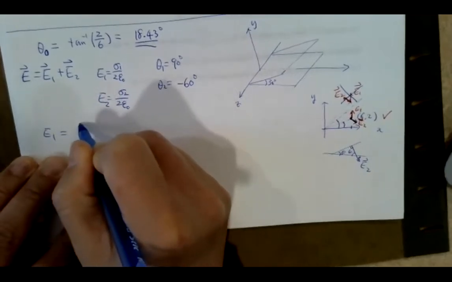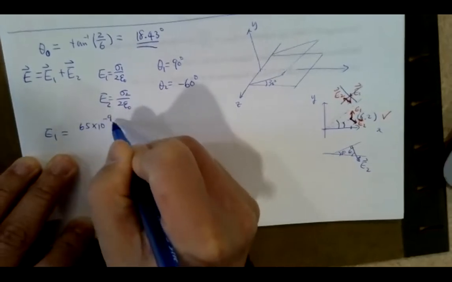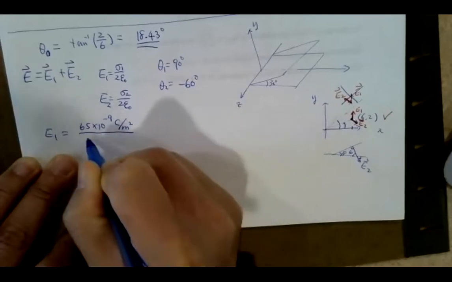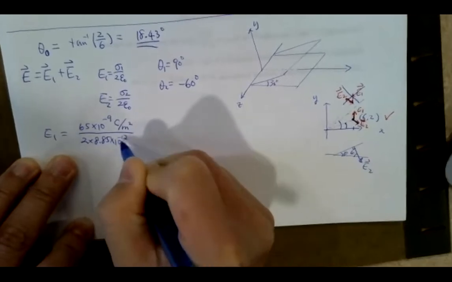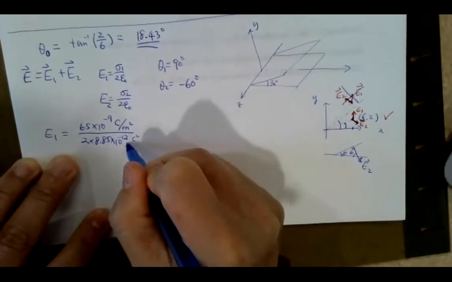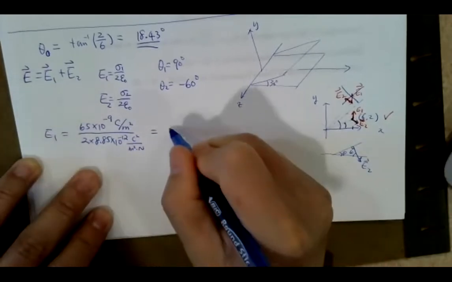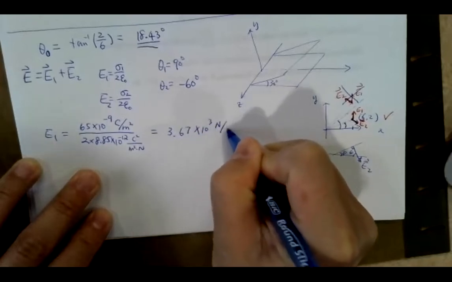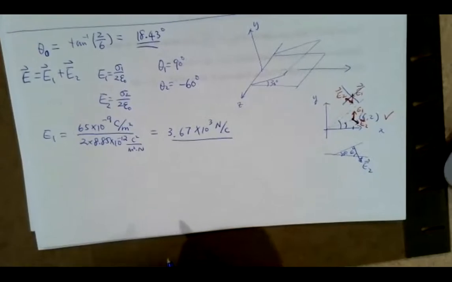E1 will be equal to sigma 1, 65 times 10 to the minus 9 coulombs per meter squared, divided by 2 times 8.85 times 10 to the negative 12 coulomb squared per newton meter squared. That gives you 3.67 times 10 to the third newtons per coulomb. That's your magnitude for E1.